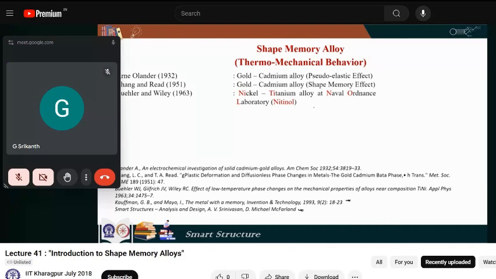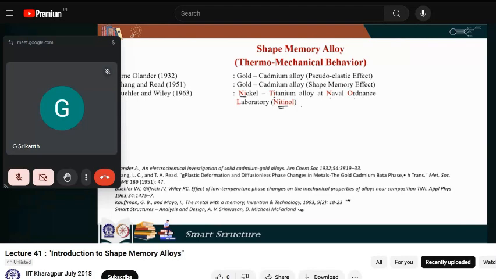Out of around 60 materials, he sorted out 12 and tested them, and out of those 12 he found that an alloy of nickel and titanium shows good impact resistance as well as good fatigue property. So he named this material nitinol: nickel Ni, titanium Ti, and Naval Ordnance Laboratory NOL.